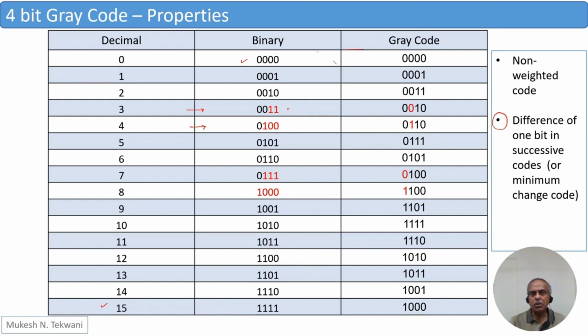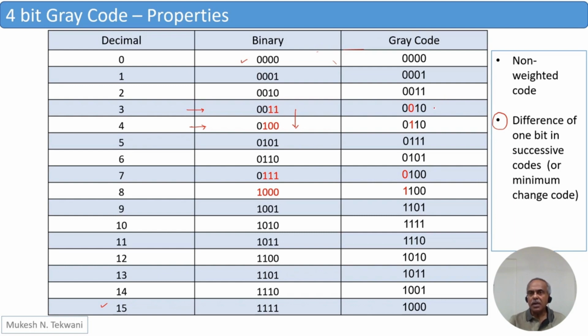You can observe that as we go from 3 to 4, there is a change of 3 bits. The bit 1 has changed to a 0, the next bit 1 has also changed to a 0, and this 0 has changed into a 1. So as we move from one decimal digit to the very next, 3 bits of the binary number out of the 4 have been modified.